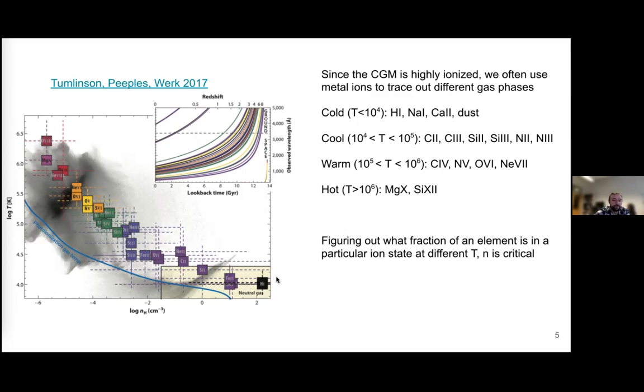This is the peak temperature and density, but you can have gas down here and that'll still have ions in it. If you see oxygen 6 and it's down here, how can you distinguish it from oxygen 6 that's over here, or oxygen 6 along this line at this point? So we have to figure out what fraction of an element is at a particular state, not just along this basic picture, but anywhere in this 2D phase space.